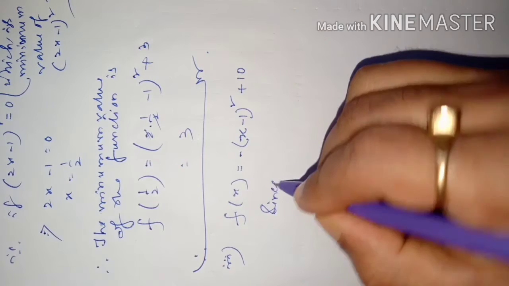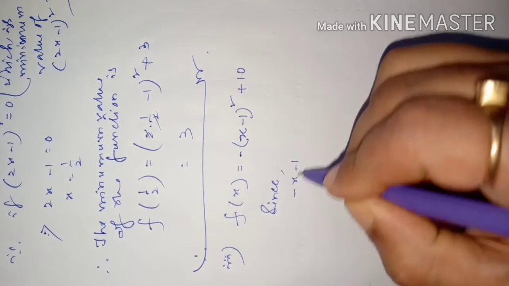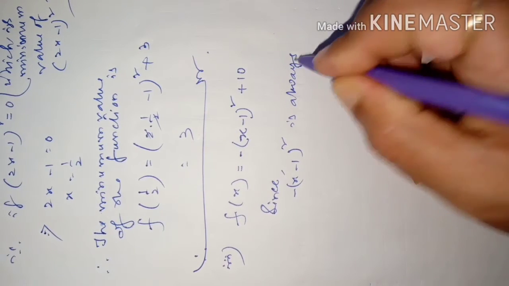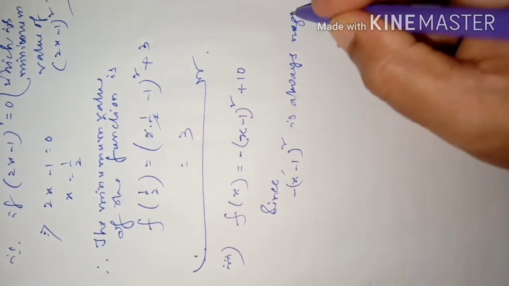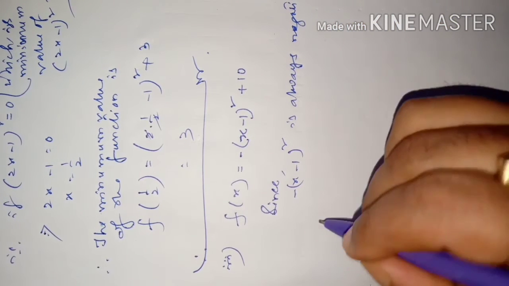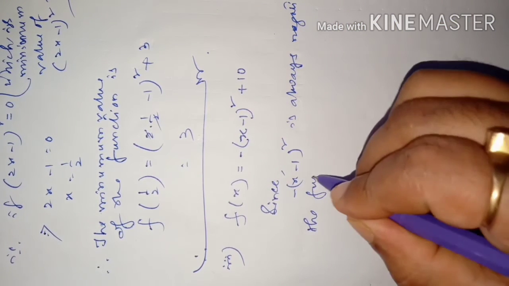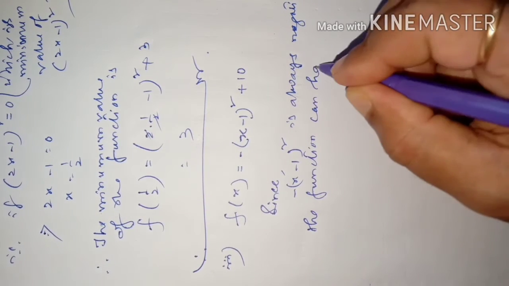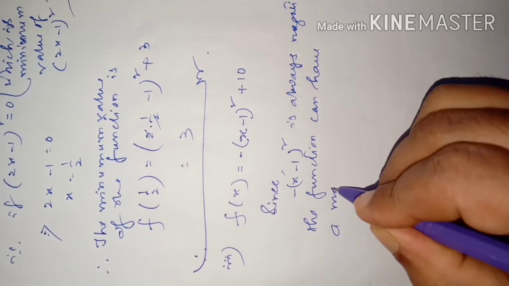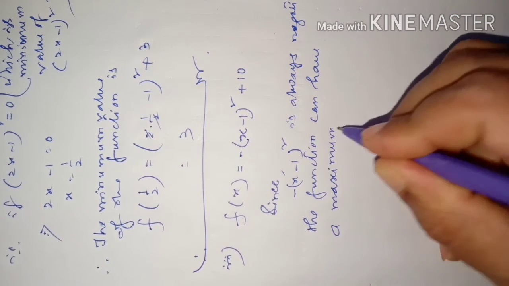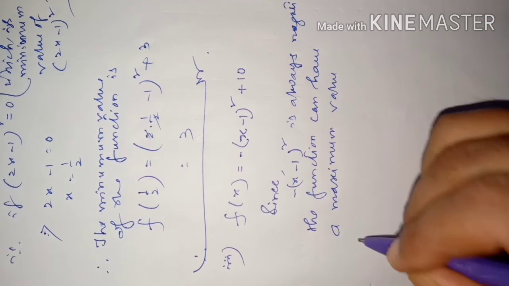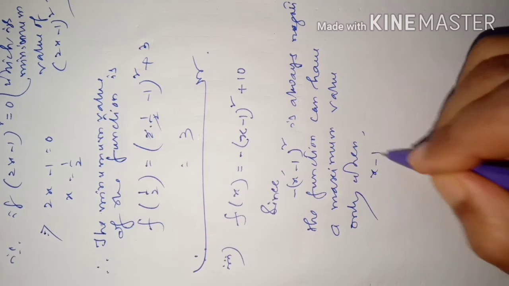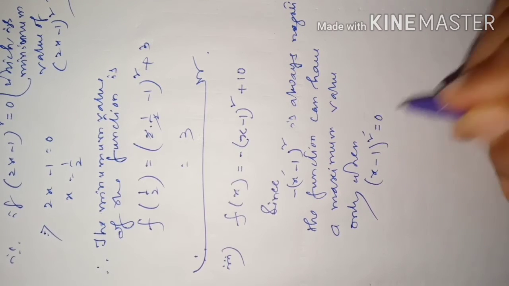Since here minus x minus 1 the whole square is always negative, the function can have a maximum value only when x minus 1 the whole square is equal to 0.